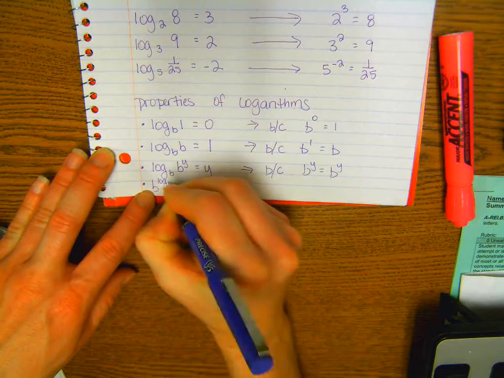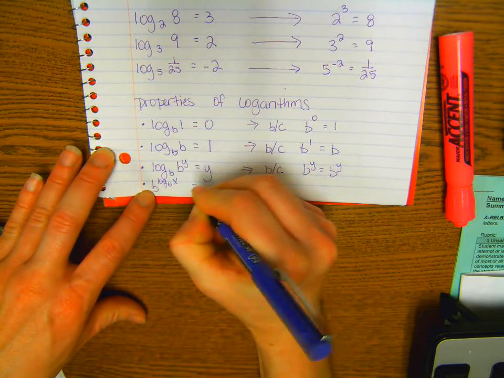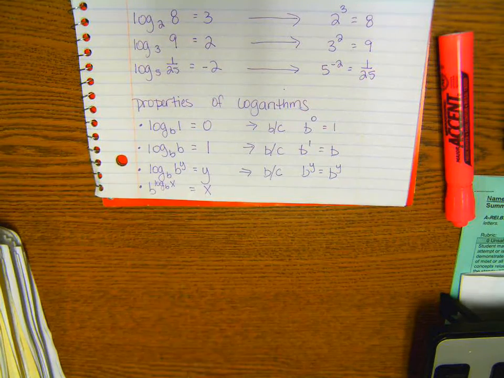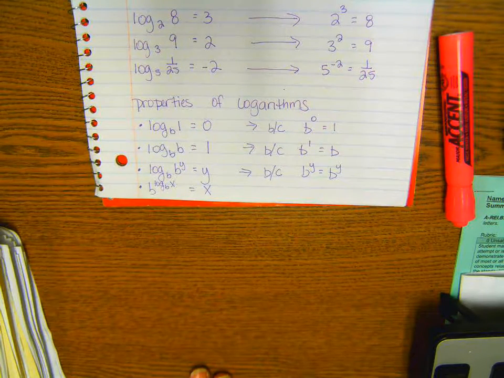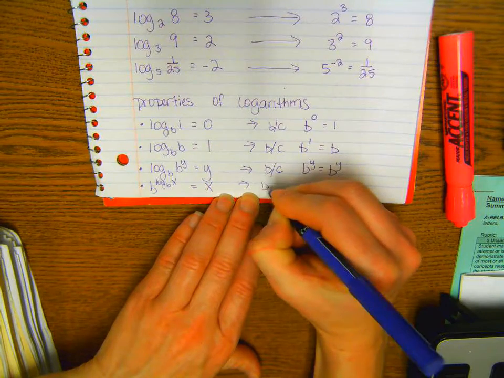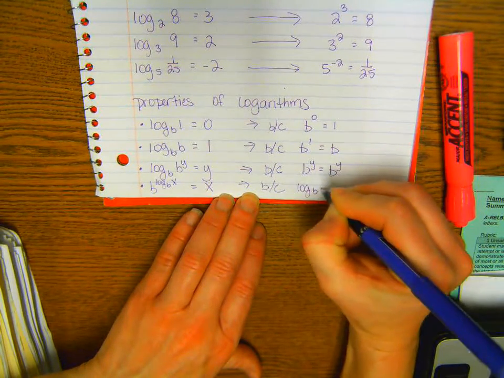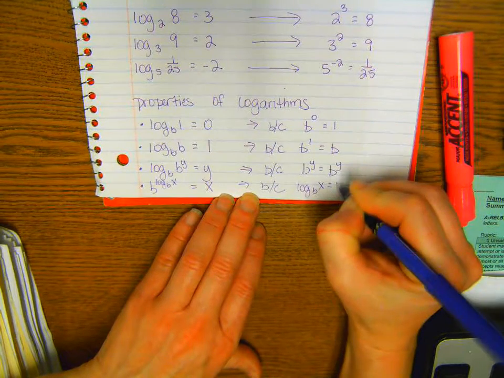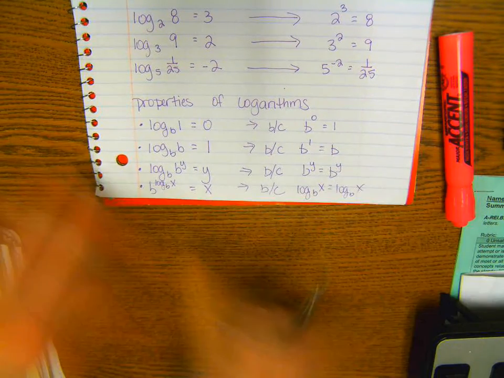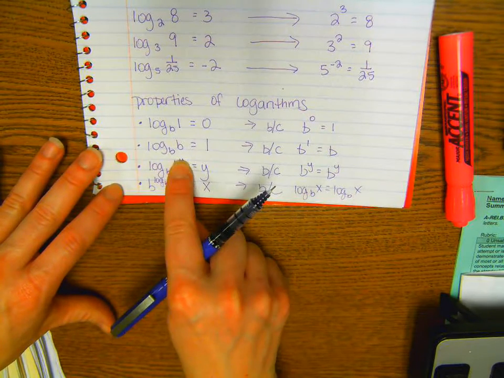It's just x. Because log base b of x equals log base b of x. So not only does a log of an exponential cancel it, but if you do an exponential of a log with the same base, it also cancels the logarithm out.